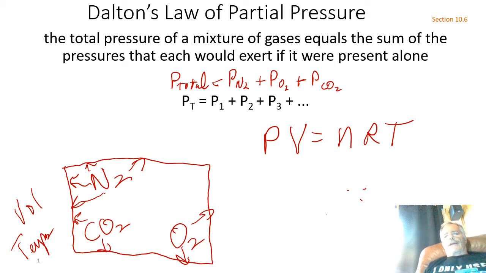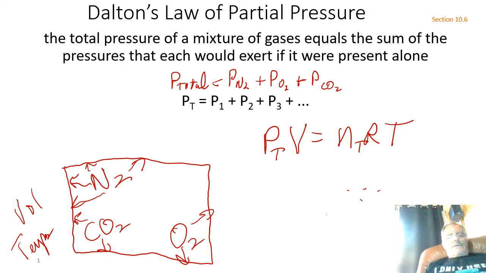I think you can agree that if I add up all the moles of all the gases in this container and calculate the total pressure, there is a direct relationship between the total number of moles and the total pressure of all of the gases in the container.